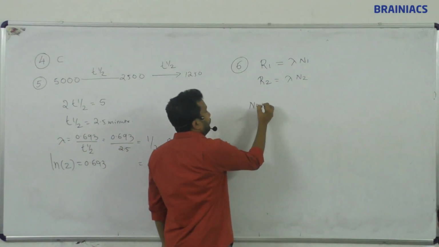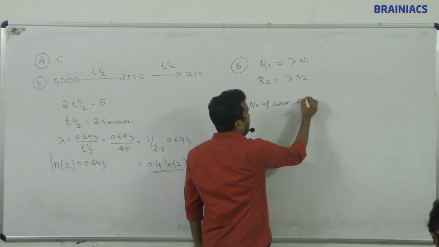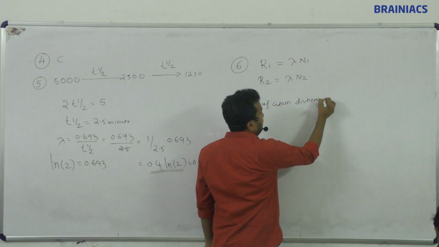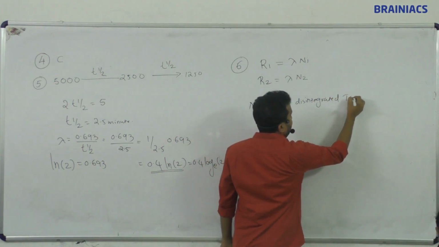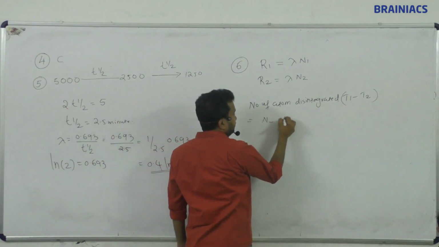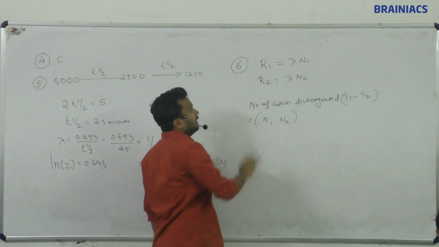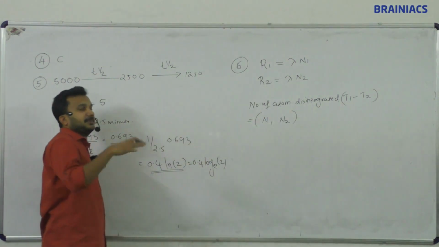Okay, so the number of atoms disintegrated between T1 and T2 is equal to N1 minus N2. Correct? Initially N1, then after some time it became N2.